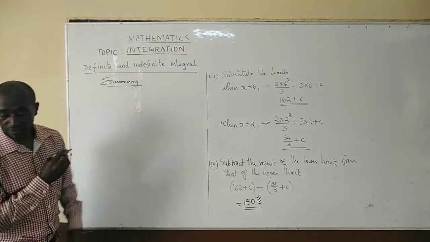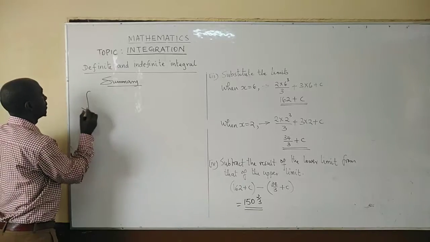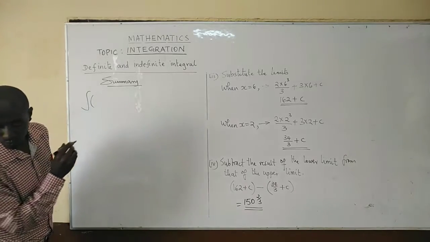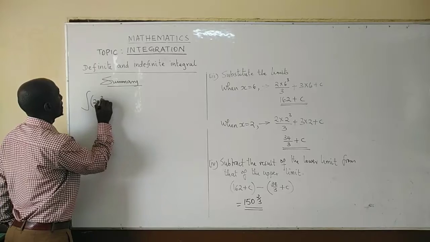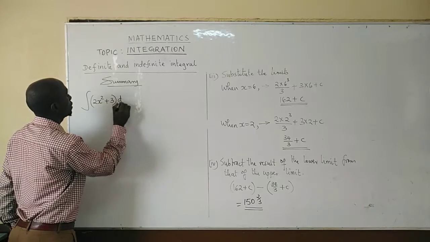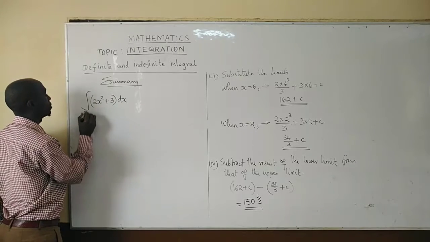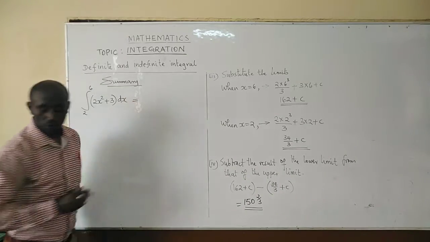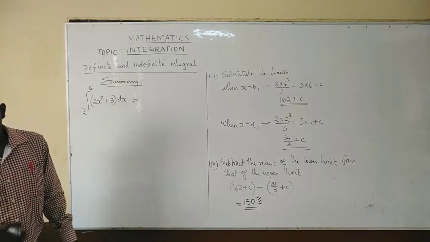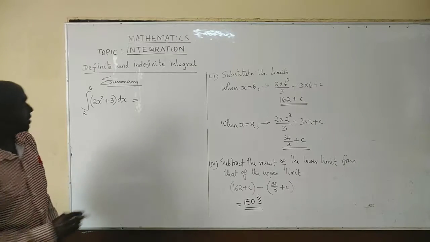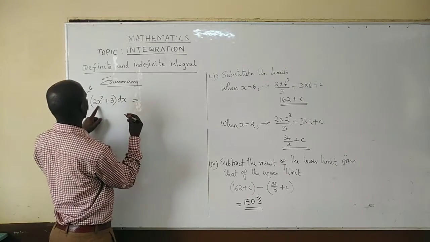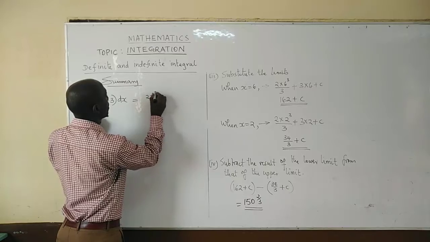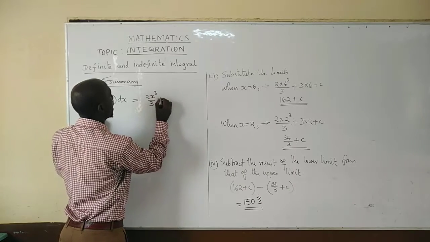The summary, when we are finding the integral of 2x squared plus 3 with respect to x from lower limit 2 to upper limit 6, we can combine the first 2 steps. That is, integrate to get 2x to the power 3 over 3 plus 3x.